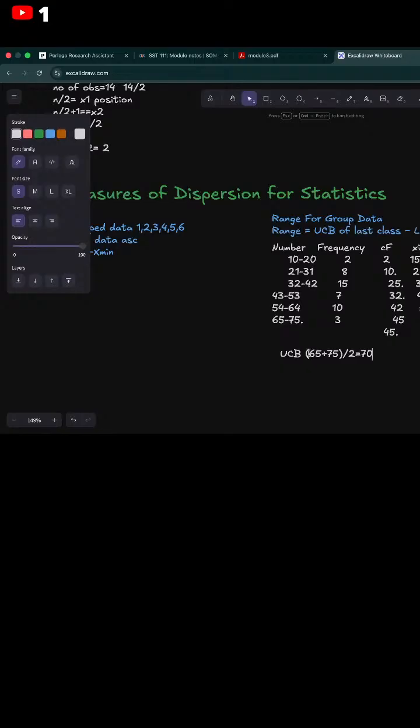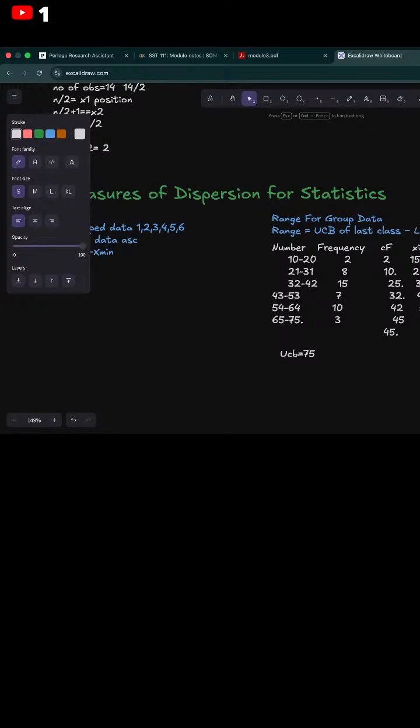Now this is the midpoint, but we want the upper class boundary. So the last number from here is 75, so we pick UCB equals 75. We pick it directly.